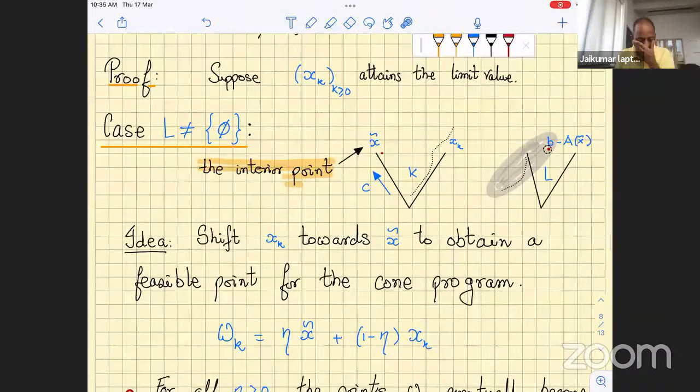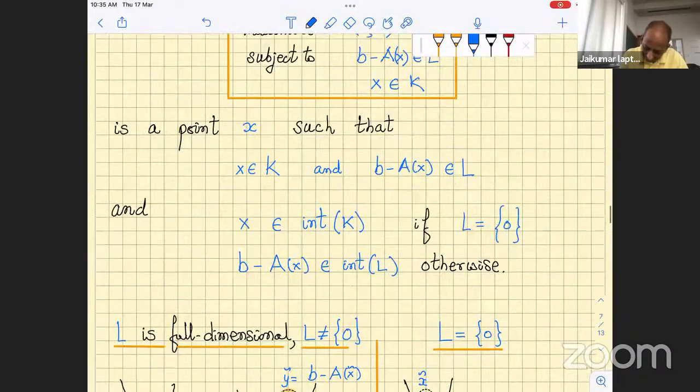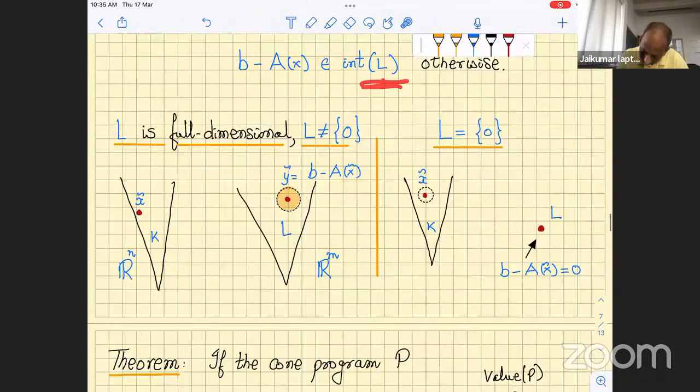I shouldn't have written this. I don't need this. I just mean an honest 0. So this is the second case, the second definition here. There is an interior point and L is of this kind, a fattish cone.